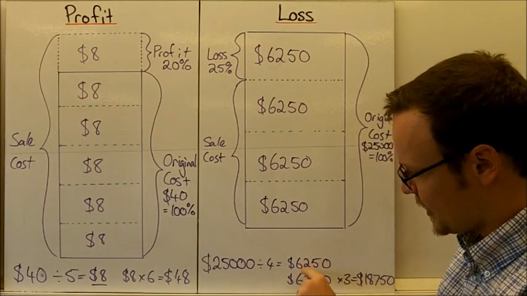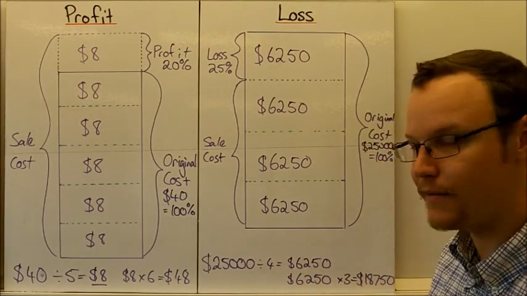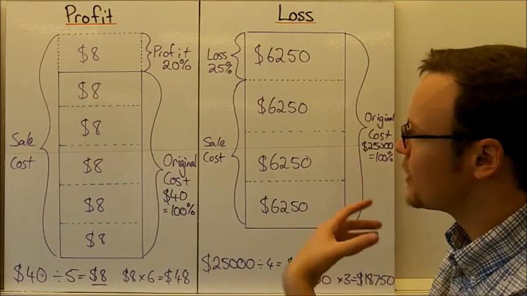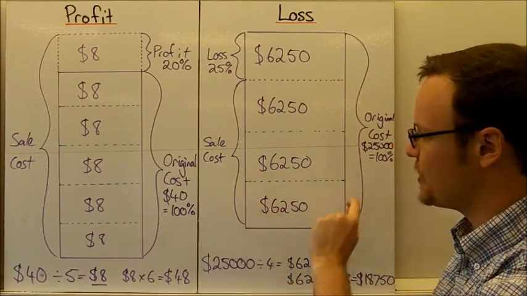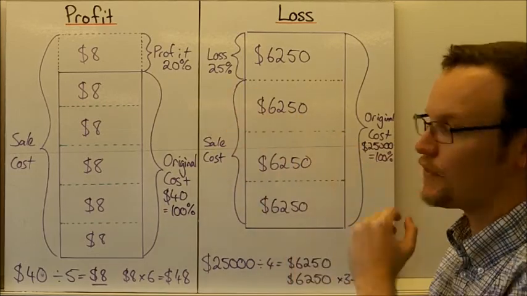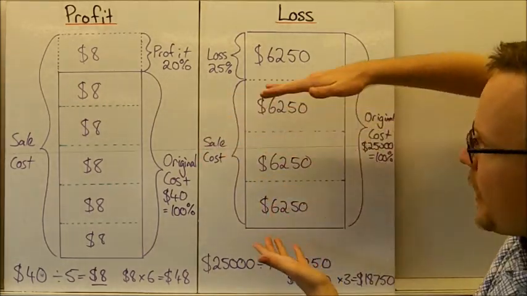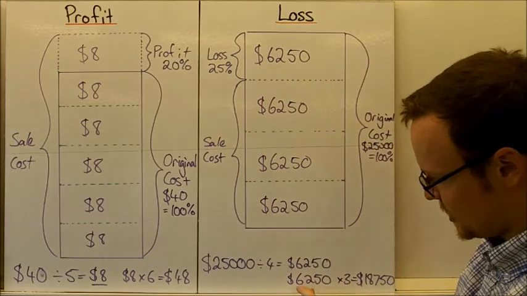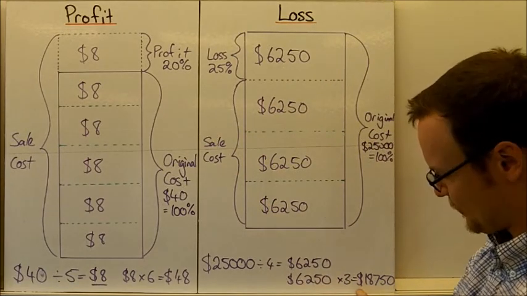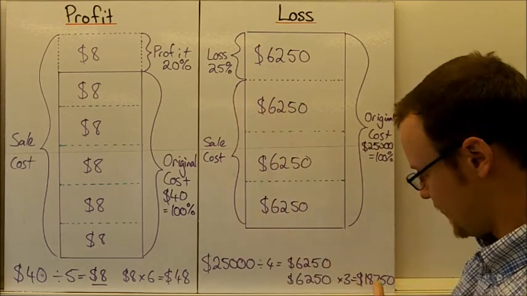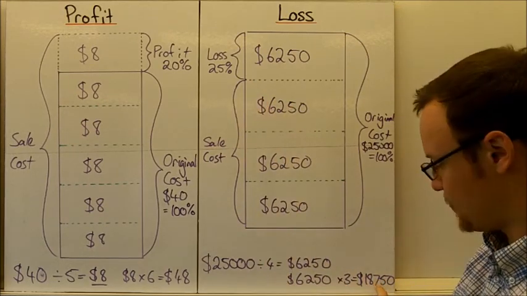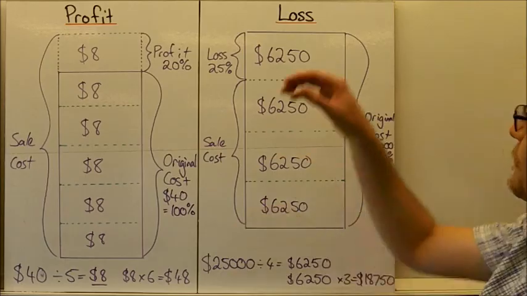So each chunk is $6,250. So now we're selling the car for a cost of 3 of these sections, 3 of these units, and we're going to build it up to 3 times that. So $6,250 times 3 is $18,750, and that's going to be the sale amount. That is 75% of the original amount.